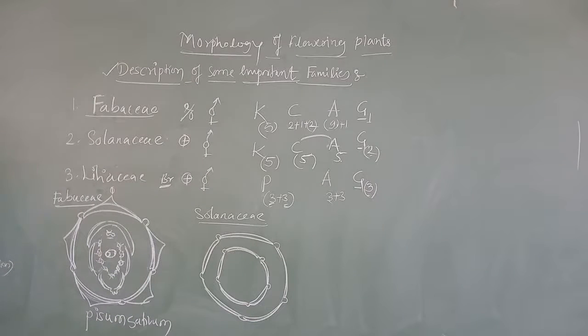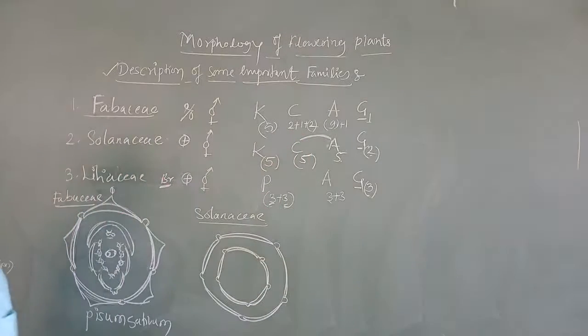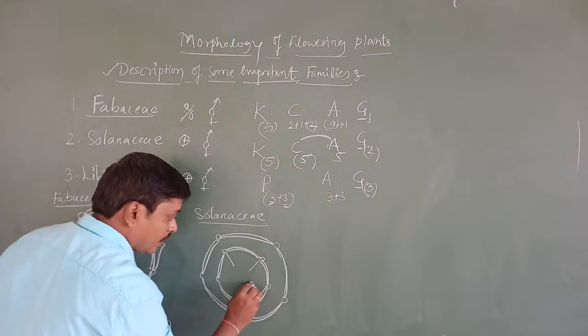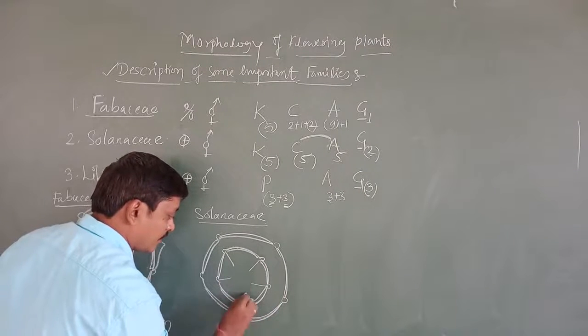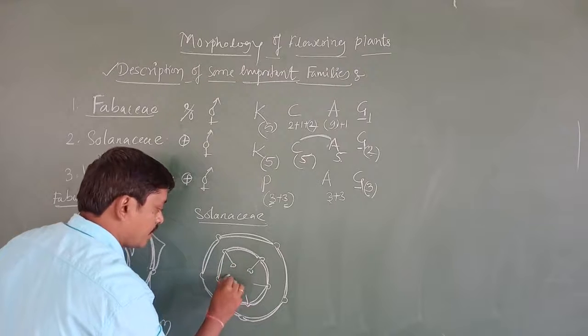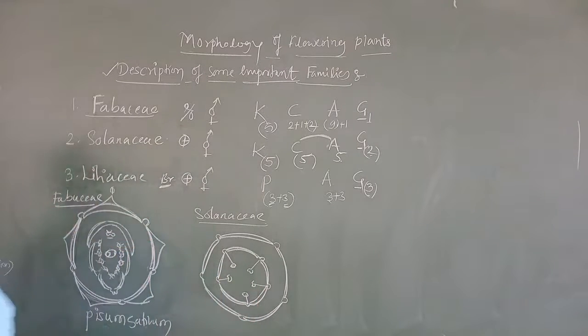Right. Next, what are we going to go for? Next is androeciums are 5, and I have written here androecium. This is attached to the corolla, in the sense, from here these are going to get attached like this. These are androeciums. How many? 5.